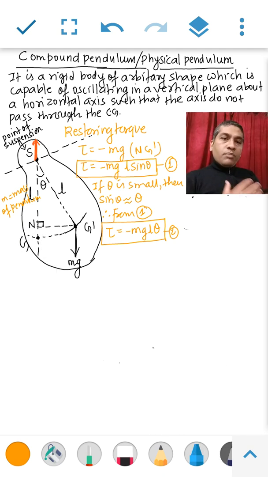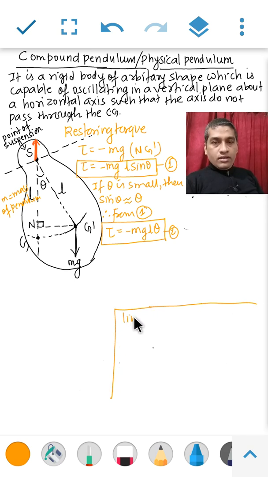Now let us compare linear motion with rotational motion. In this case we have rotational motion. So let me explain in short. For linear motion we have force F, and for rotational motion we use torque.